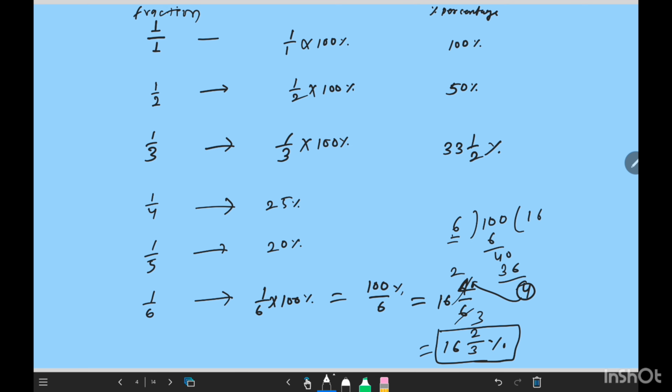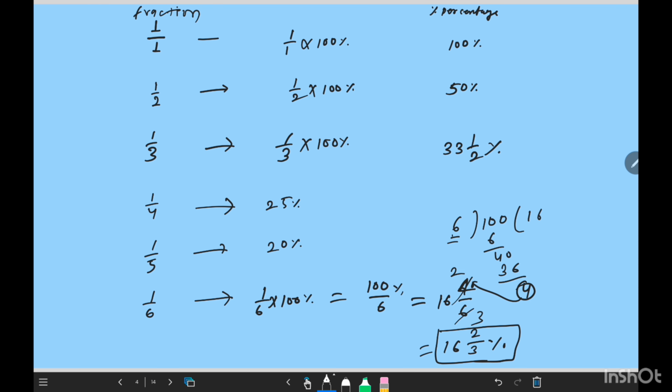Yeah, this is how we write, right? First we take 1 upon 6, and then we multiply by 100, and then we divide that. We saw that we have remainder 4, and then this is how it is written in the form of a fraction, right? So in this form you will see it so many times in the examination.